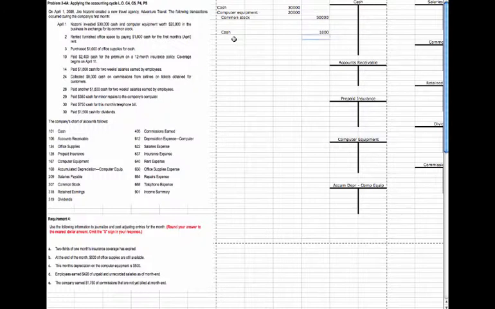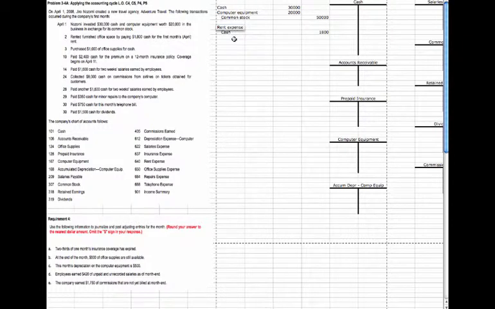On the debit side, because this is only for 1 month's rent for the month of April, it's not a prepaid because it's not going to be spent over multiple months. It's just for 1 month, and it's for the current month. So we need to recognize it for the month of April. So let's go ahead and place this to the account as we have there called rent expense.